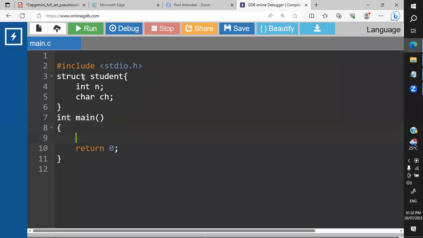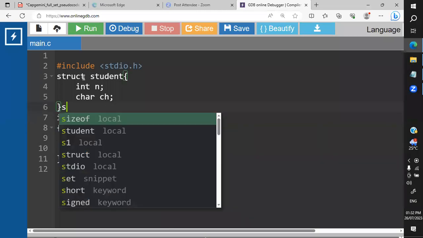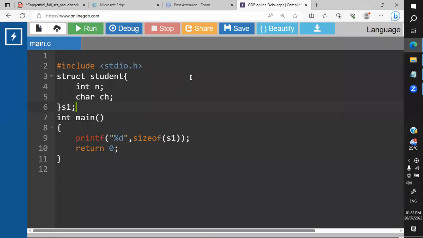Then I'll write printf, double quotes percent d comma sizeof, I want the structure variable. I'll write s1. Just a second. I'll declare that s1 here. S1. Now, can you tell me what will be the output? Can you guess?